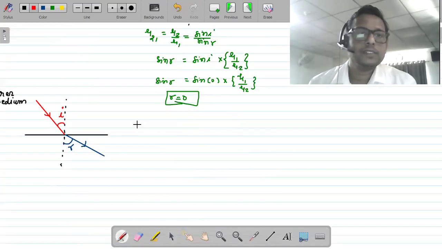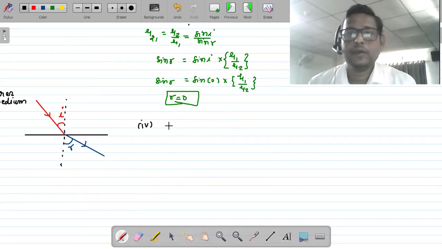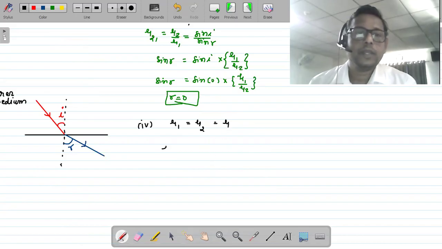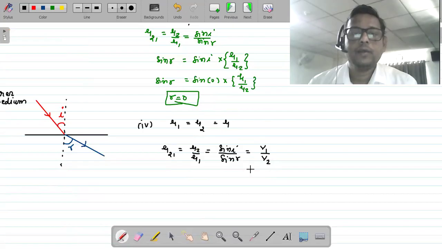The fourth case is if we have mediums and the absolute refractive index of both the mediums is the same. It means mu1 is equal to mu2. Let's say it is mu. So I can write mu21 is equal to mu2 divided by mu1 is equal to sine I divided by sine r is equal to v1 divided by v2.